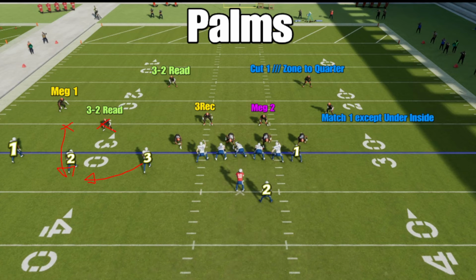In theory, this is why you would run something like this, because you want to be better fitted for RPOs. Also, from what I've seen, guys like Saban like to run stubby or palms, as we say here, when 2 and 3 are closer together, because in instances like this is where you get a lot of switch routes. So I guess we're getting into the strengths of palms, right?